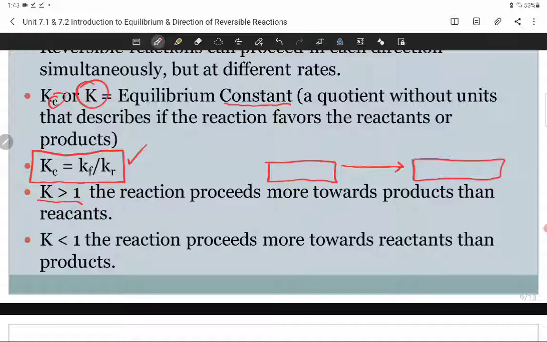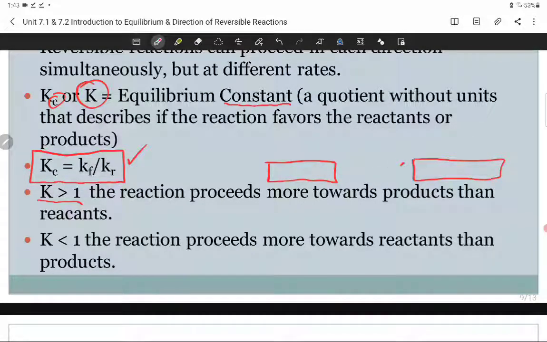Let's go back to K greater than 1. You're going to have kind of this representation. No one writes this, but think about it this way. There are a few products that become reactants, but most of the reactants become products. So at the end of the day, you're going to have a lot more of the products.